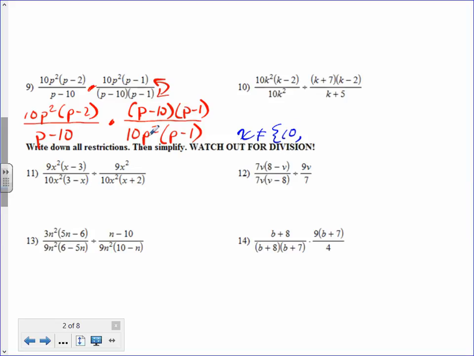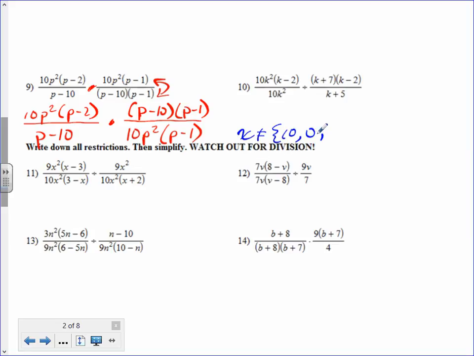What about right here? What number would you put into this to make it 0? Zero, because 0 times 10 is undefined.